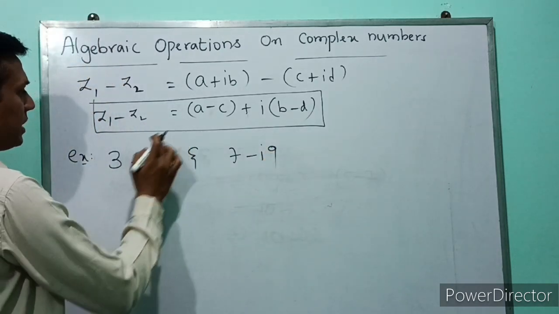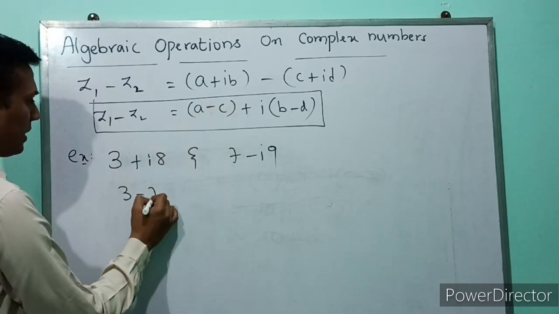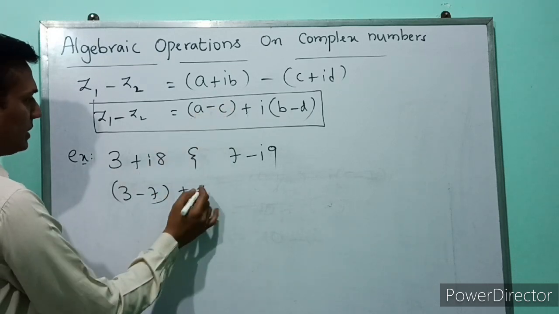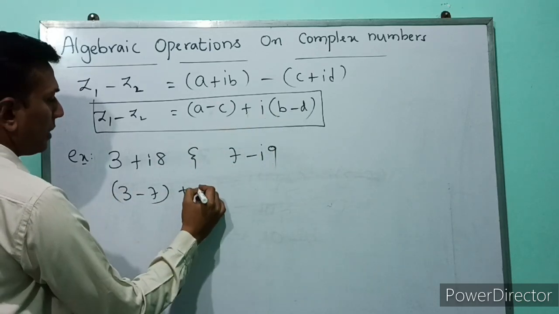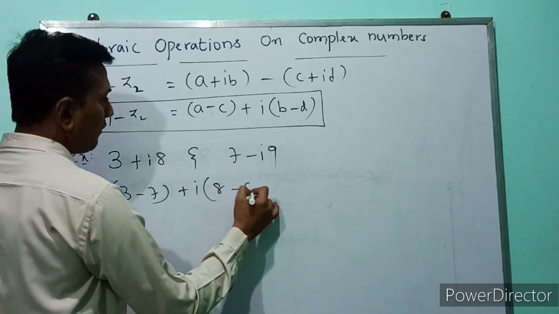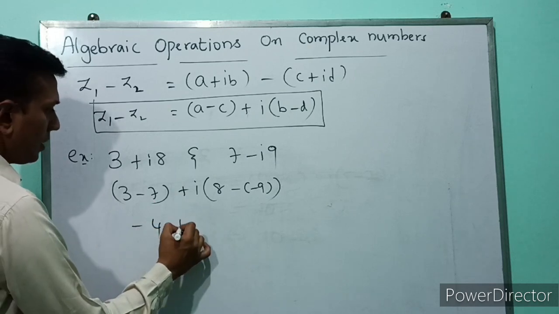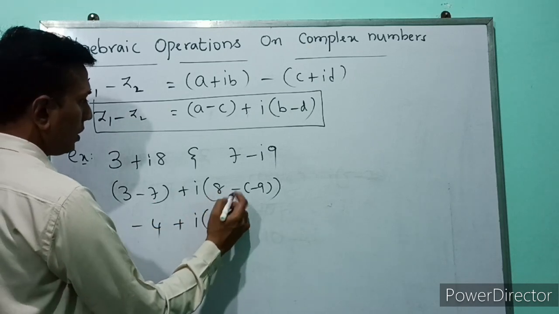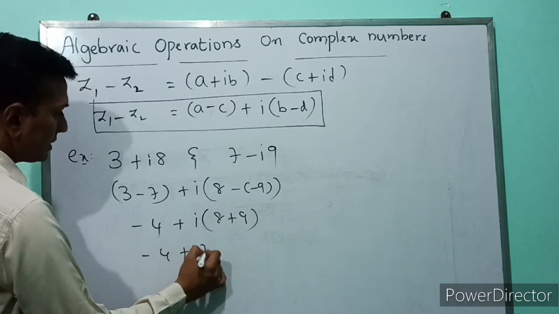What are the real parts here? 3 and 7 are the real parts. We directly subtract, 3 minus 7, plus i times (B minus D). The imaginary parts also will be subtracted: 8 minus of minus 9. So 3 minus 7 is minus 4, plus i into 8 plus 9, which is 17.